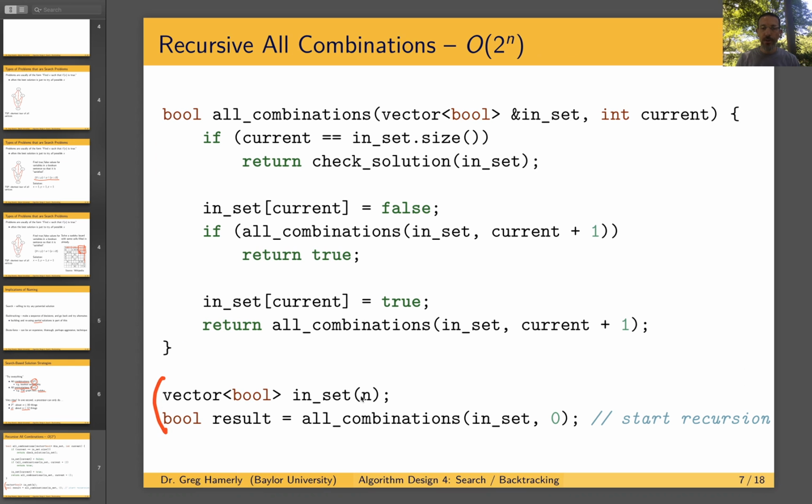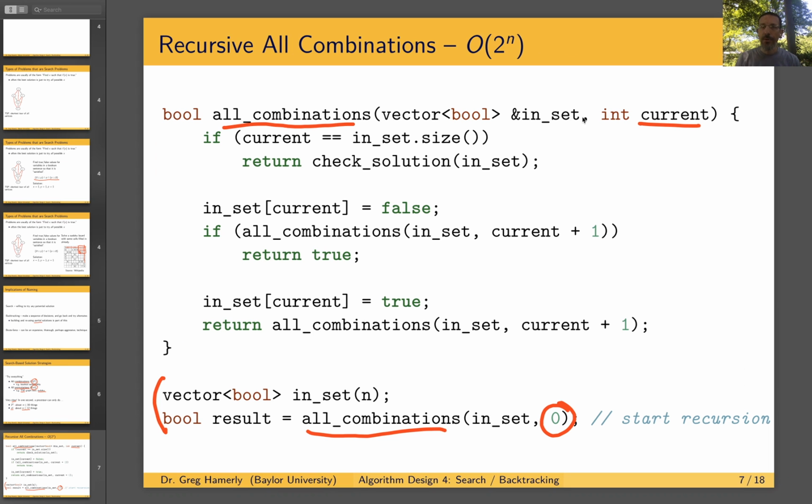We're going to construct a vector of Booleans, and we're going to have n of them. We pass those into this recursive function allCombinations, which is defined up here, and we tell it to start with option 0. That's our current. In other words, we're going to choose initially whether the 0th item is in or not in the set.